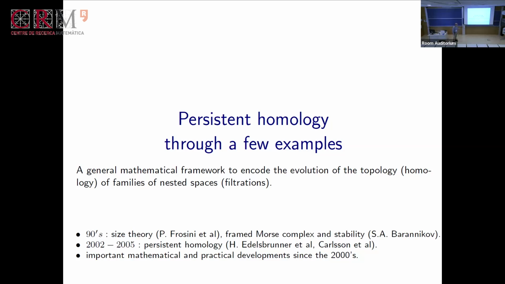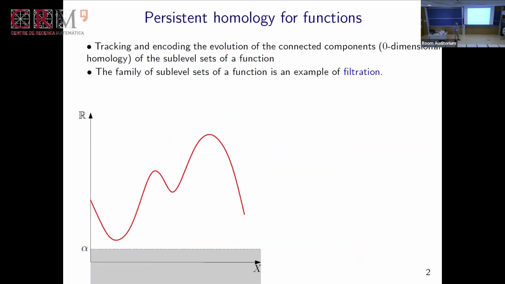In particular, some work by the group of Patrizio Frosini in Italy, and some work in more fundamental math by Barannikov at the beginning of the 80s too. And persistent homology has seen many mathematical and practical developments since then, in many directions. Maybe Thomas will talk about different things, but there are a lot of ramifications around persistent homology now, and it's almost a whole field in itself.